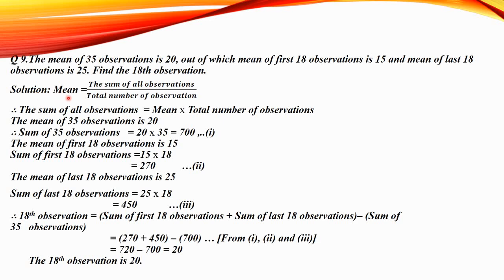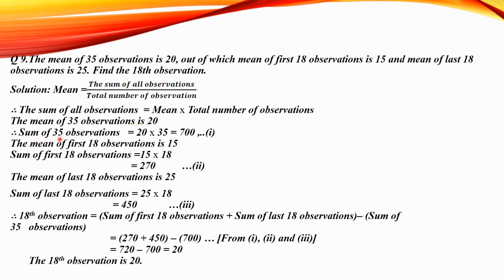As the formula of mean is the sum of all observations upon the total number of observations, the sum of all observations is equal to mean multiplied by the total number of observations. The mean of 35 observations is given as 20.